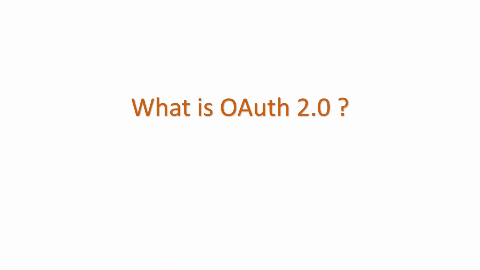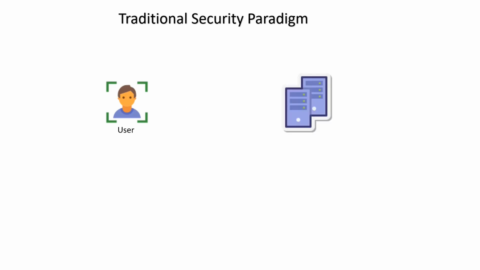Now let's understand the security paradigm traditionally, how we normally expose our resources. In traditional systems, suppose there is a user who wants to access a resource on the application server. We normally share our ID and password, and after they are sent to the application server, it validates whether these credentials are correct or not.